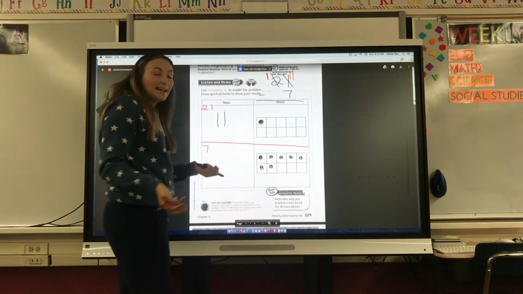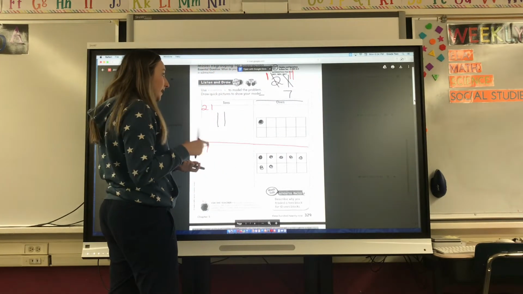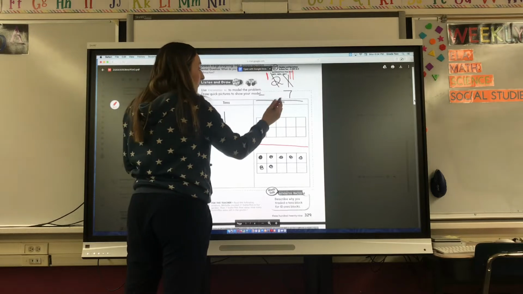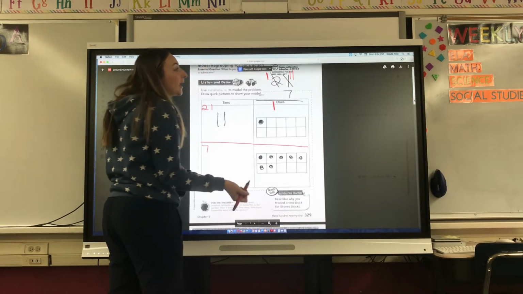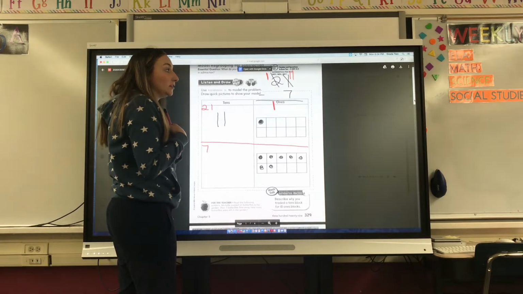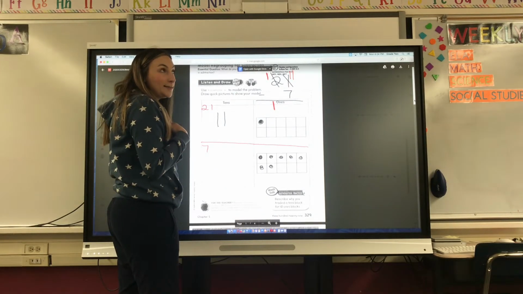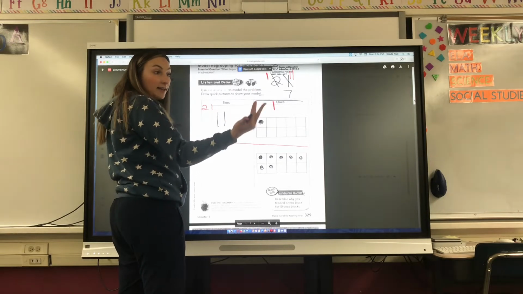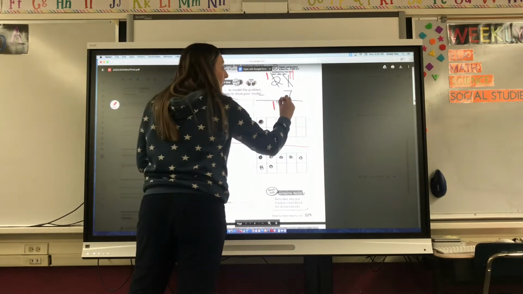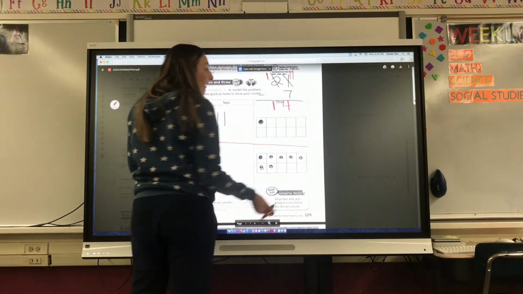So now do we have any 10s left? Yeah, we have 1 10. So we know we have 1 10 left, so that's going to come right back down. And then it's 11 minus 7. So what's 11 minus 7? 8, 9, 10, 11. So we should have 4 1s left over. So I have 4 right here. So our answer is 14.